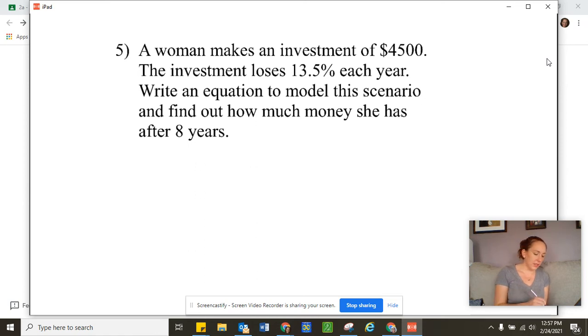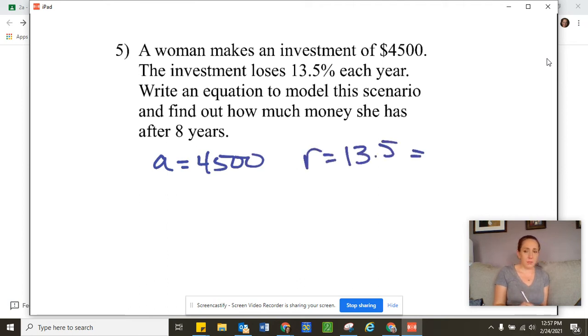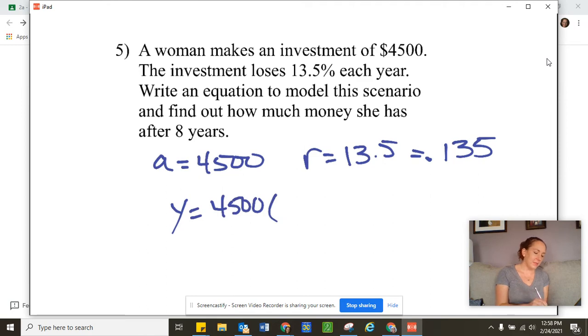But anyway, my initial amount is $4,500. And my rate is 13.5%, or 0.135. So to model it, I'm going to write y equals 4,500. And this time, since it loses, that's going to be going down.